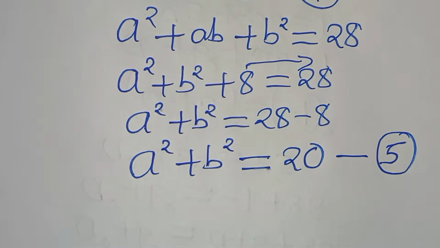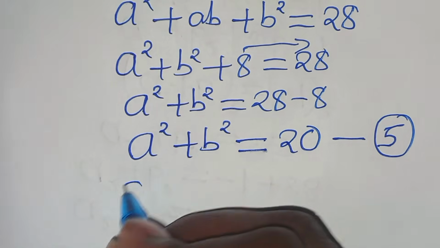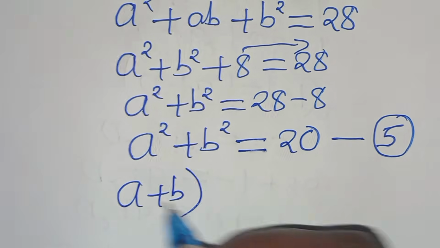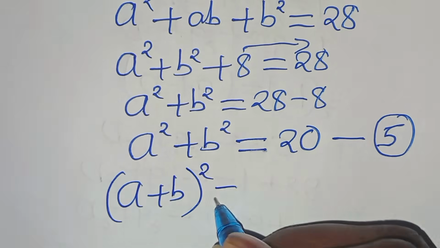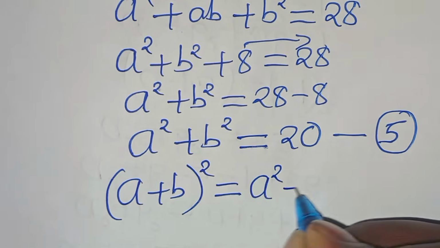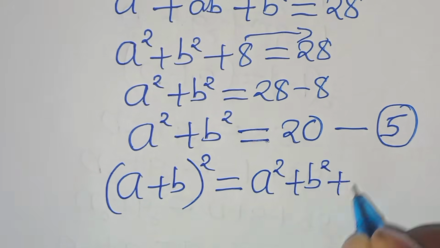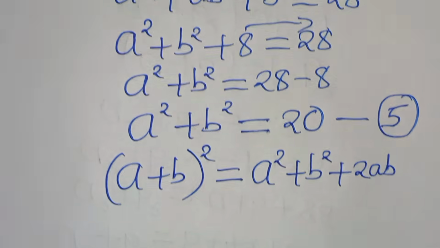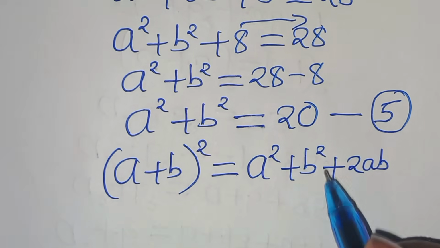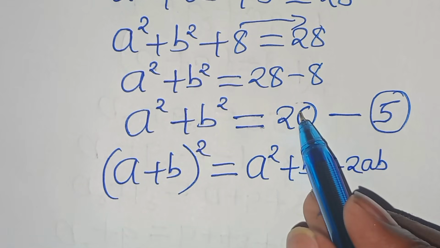Now we have that a plus b raised to the power of 2 is the same thing as a to the power of 2 plus b to the power of 2, plus 2ab. We have that a squared plus b squared, this is equation 5, which is 20.